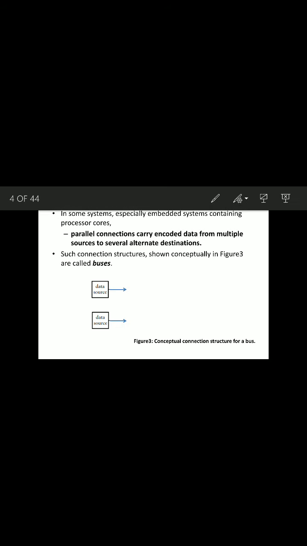So we will use a common channel through which we can pass these signals, so we can have better visualization of the wiring connections. That channel is called a bus. Please look at the picture. There are two data sources, where each data source is giving its respective output.